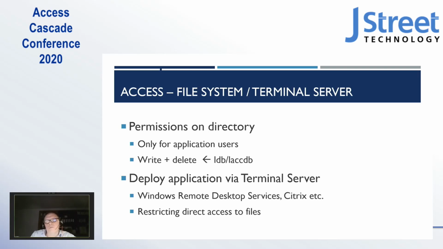At many of my clients, I use a terminal server, like the Windows Remote Desktop or Citrix, and it has plenty of options to restrict the direct access to the Access files. That means you can hide the whole desktop, just give them one single application to use. You can hide the Windows Explorer, etc. So these are the things you can do outside of Access.